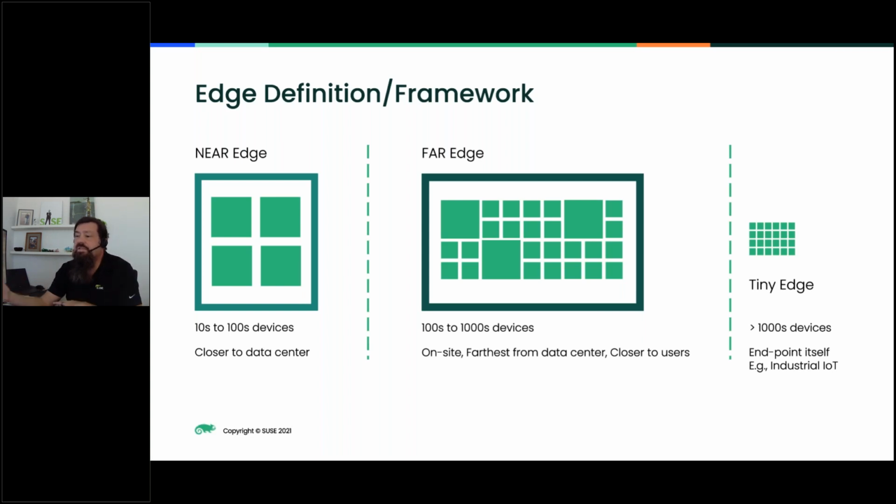And then finally, the tiny edge. The tiny edge is really one where it is IoT itself, that true definition of Internet of Things. And this is where you may or may not have operating systems to manage things of that nature, because these may be really, really simple devices that all they're reporting back is the temperature, or all they're reporting back is the wind speed on top of a windmill.